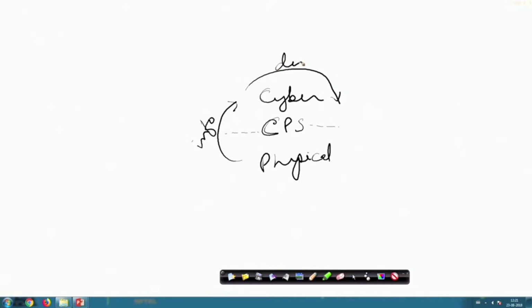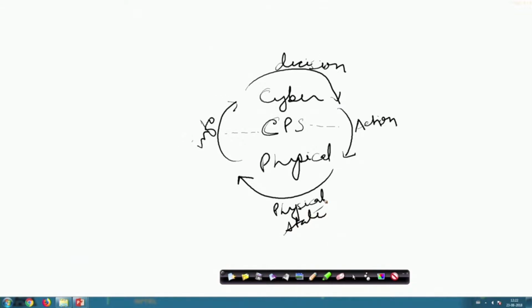Based on this decision, certain action is going to be performed, and based on this action, the physical state of a device is going to be changed.